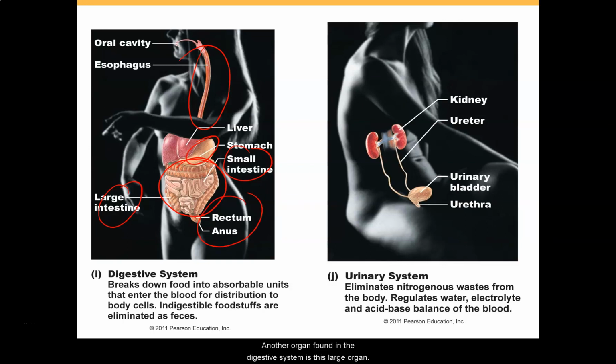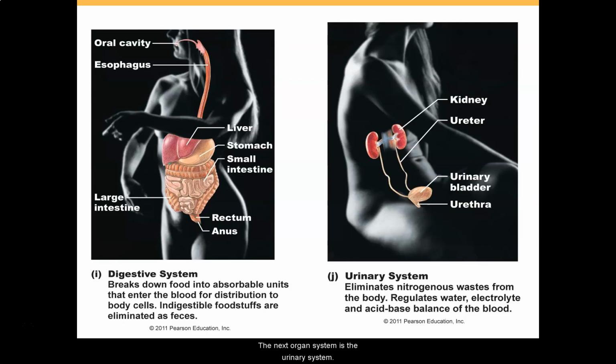Another organ found in the digestive system is this large organ, the liver. The liver is also considered a gland. We will talk about why in the digestive system lecture. But the liver is considered the largest gland, not the largest organ. Largest organ is what? That's right, the skin. But the largest gland is the liver.